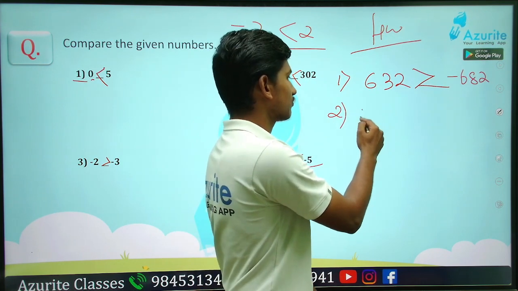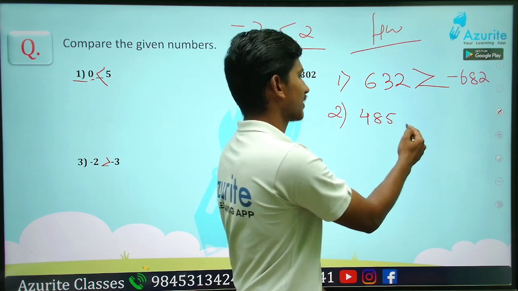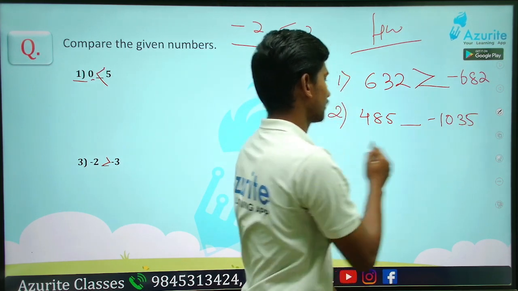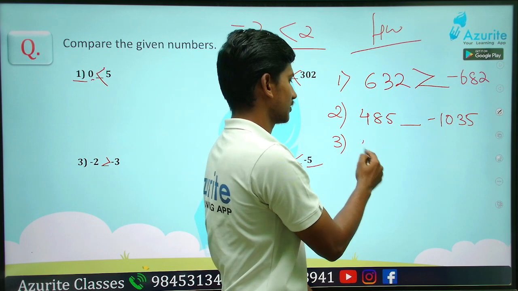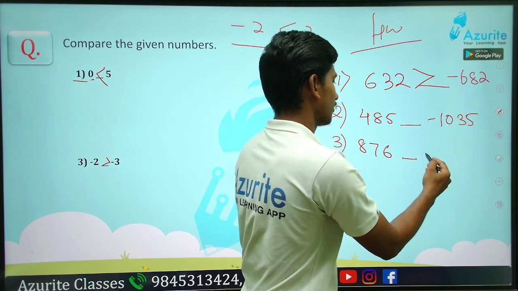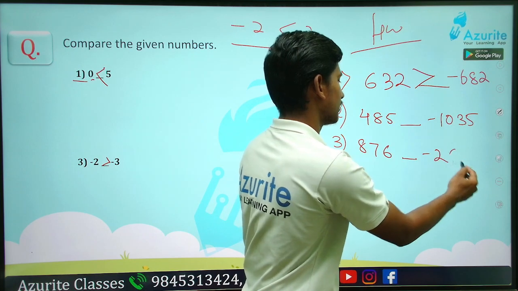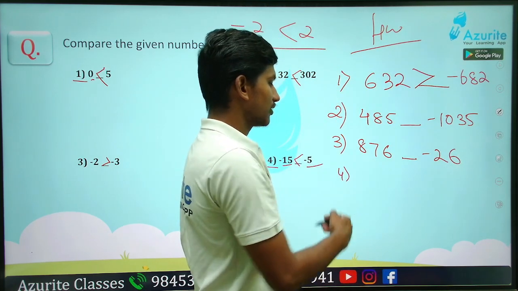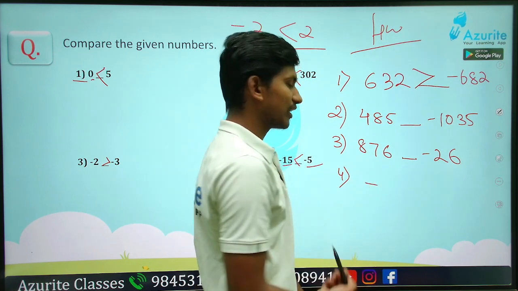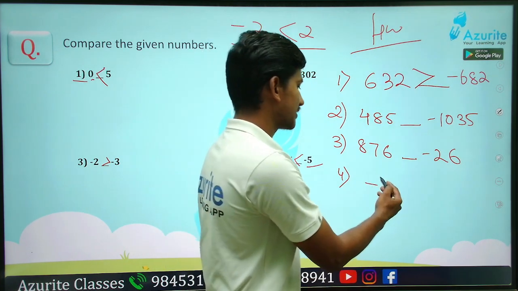That is 485, and 495. Now the fourth question, I will change it a little bit, so I will give both negative.